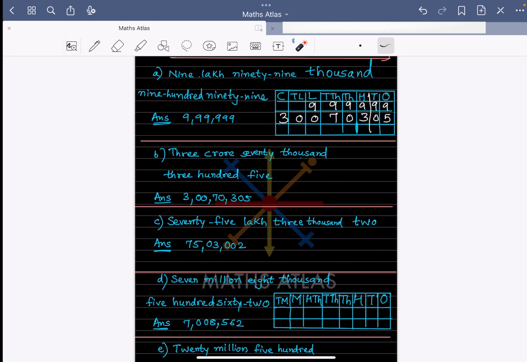This is the next one. So again we are going to write here 75 lakhs. So now 75 over here. 3002. So 3002 means the thousands place is here. Now 3. And this 2. 2 is a single number, so we are going to write it over here. So now what happens here?